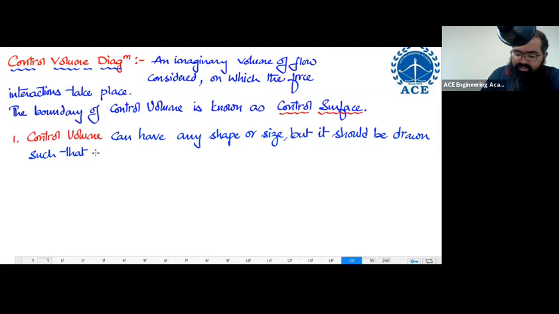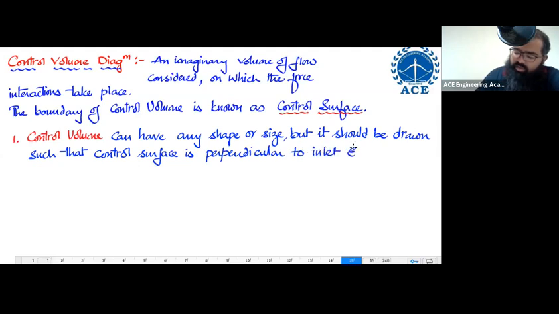It should be drawn such that the control surface is perpendicular to inlet and outlet velocity vectors.